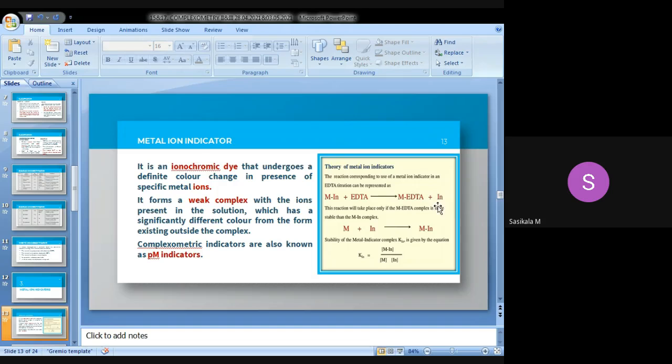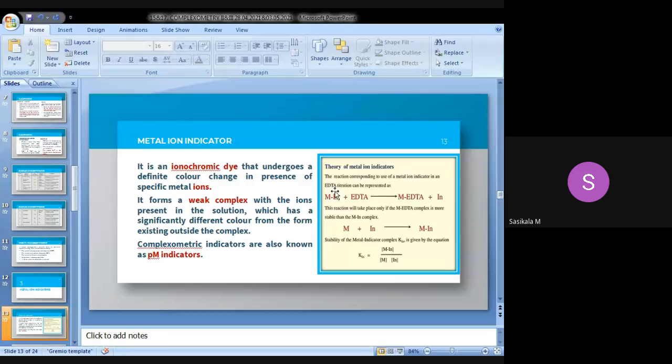This free indicator has a different color from the indicator bound to the metal ion. So this color change represents the complete reaction of the metal ion with EDTA, and shows how much metal ion exists in the solution. From this reaction you can understand complexometric titration better.